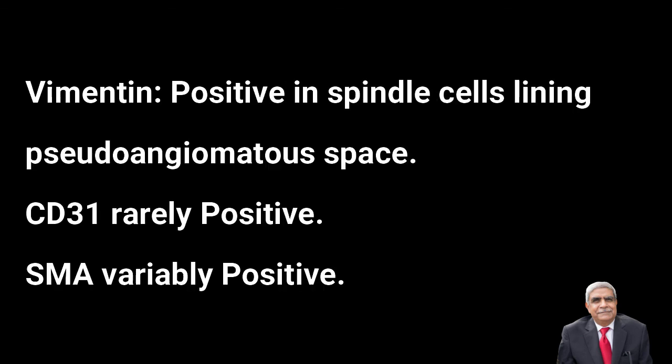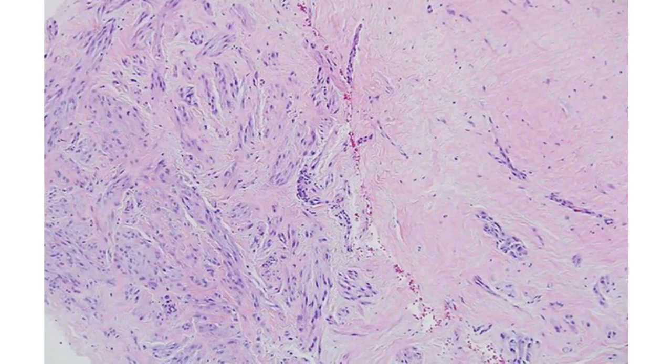Immunohistochemistry: vimentin is positive in spindle cells forming pseudoangiomatous spaces. CD31 is rarely positive, SMA variably positive. Now this is the photograph showing microscopic features of pseudoangiomatous stromal hyperplasia. There are empty spaces which show anastomosis and are present in the dense stroma.